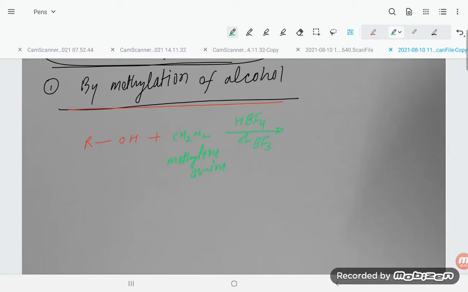What we have to do in this reaction is remove only the N2 molecule. If you remove the N2 molecule, you get R, then O, and the CH2 and H together become CH3. This is what is known as the ether.